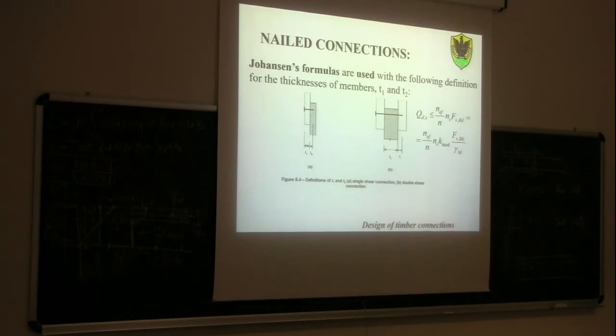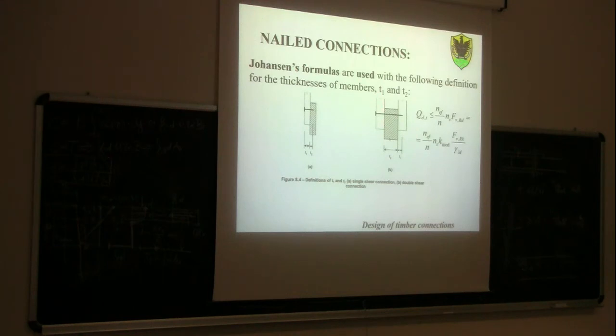So if you remember, which number of shear planes do we have in this situation here? 1. How many shear planes do we have in this situation here? 2. Because you see the fastener is crossed by 1 shear plane here, 1 shear plane.